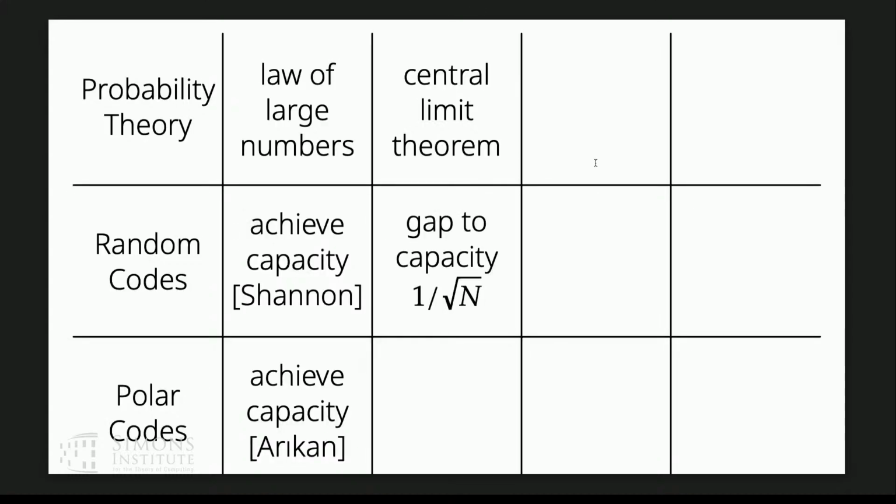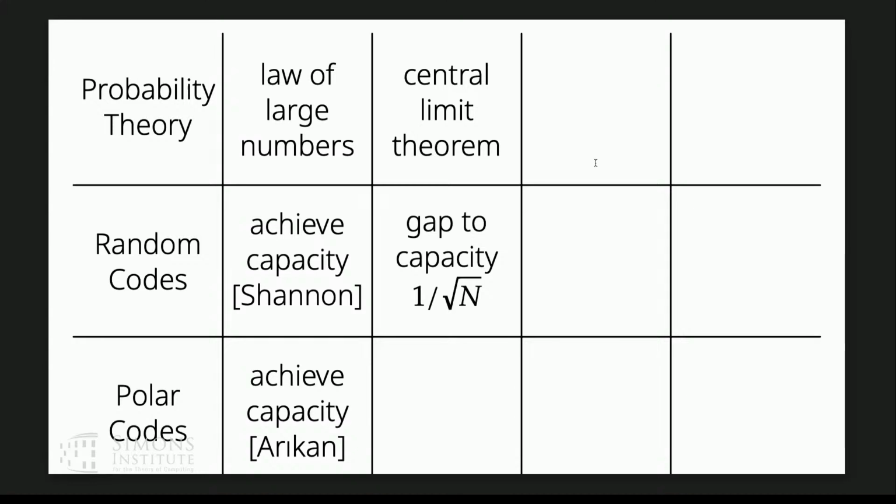And the analog to this in random coding theory is that the optimal gap to capacity you can get is also about 1 over root n. And of course, there are some works focusing on what is the correct constant instead of 1. And after you find the precise constant, there's the question of what the lower-order term is. Is the lower term log n? Is the lower term 1 over n?